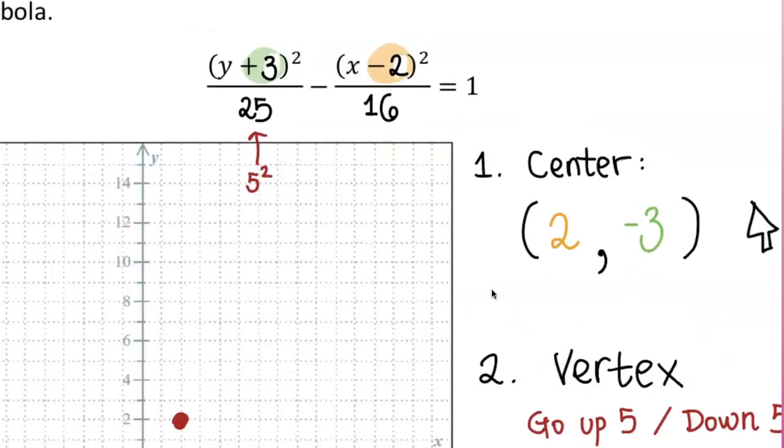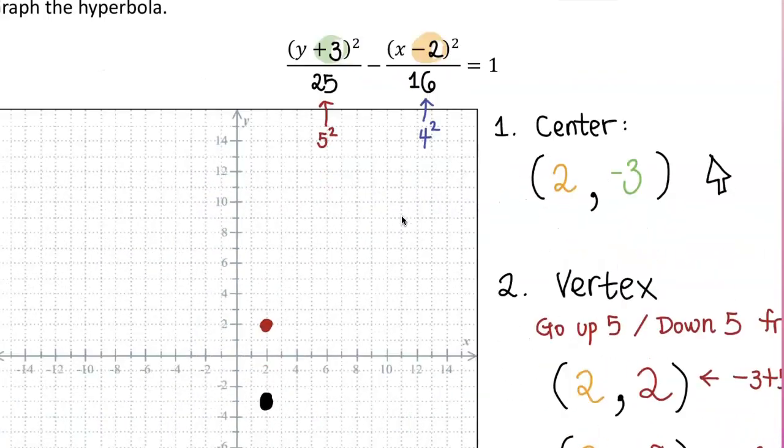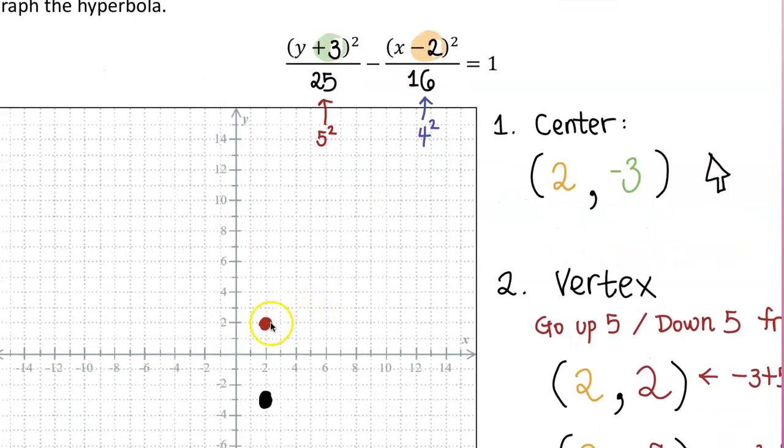But listen, didn't we just use the 25 to go up 5, right? Now look, we're going to use the other number now, okay? That smaller number, 16, we're going to take the square root. And we can write 16 as 4 squared, that tells us how many we are going to the right or left. Now watch this. I am going to write from this vertex, okay?